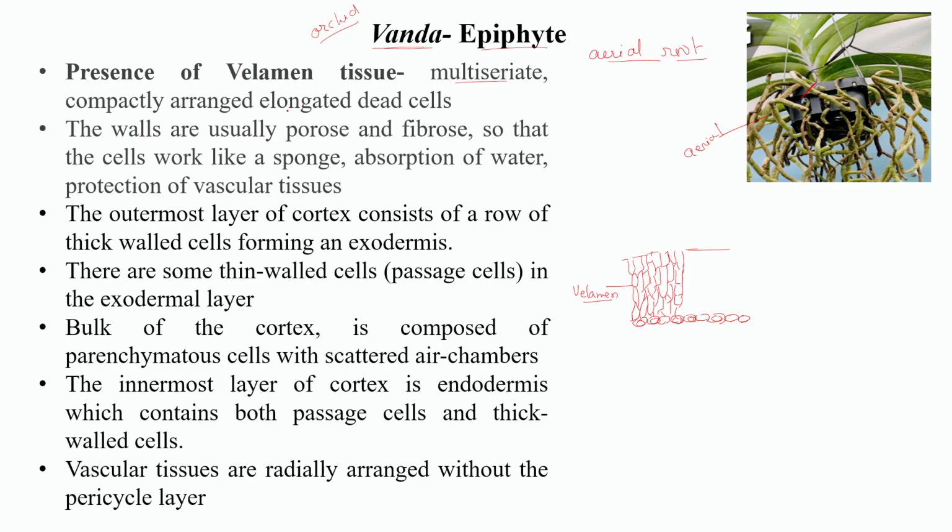These cells are elongated and these cells are dead. These are not living cells. Below these cells you will find the exodermis. You can say that this is the outer layer of the cortex, as we have discussed before, that some cells will develop into exodermis.